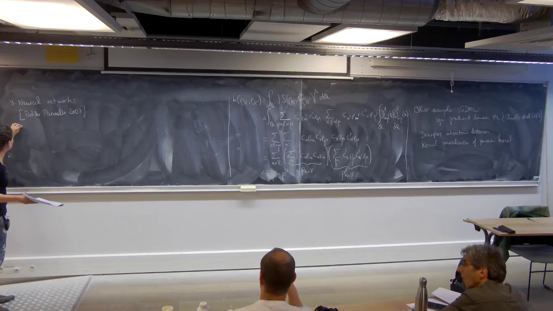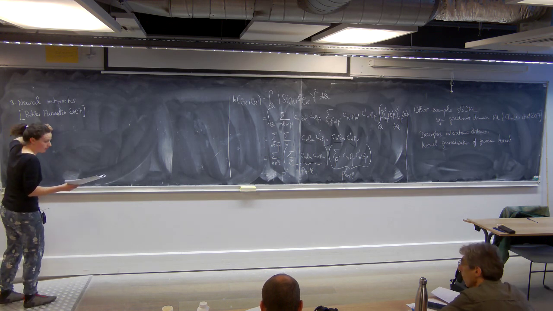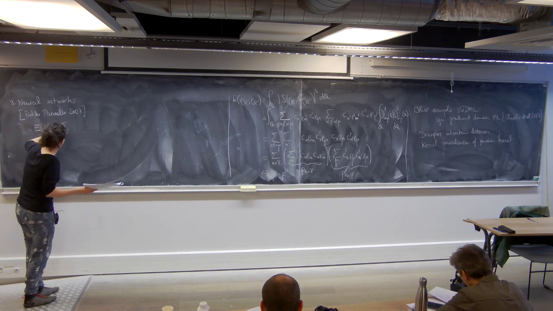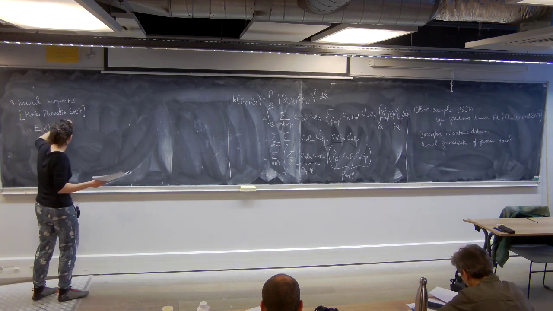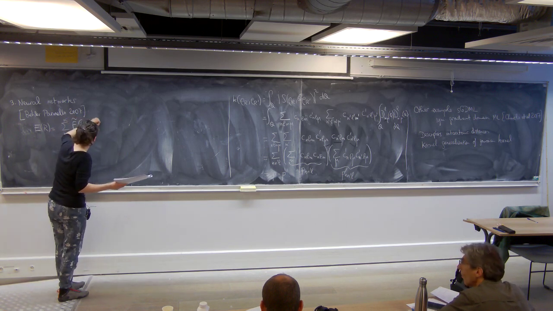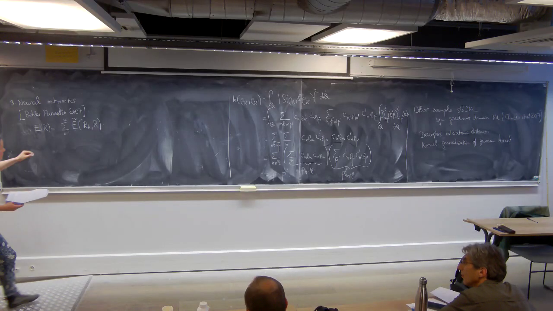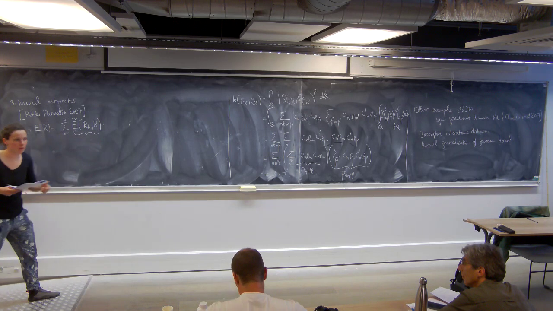So the first step is the same thing as always: they decompose the energy. E of R is the sum for k equals 1 to capital K of E tilde of R_k. So same as usual. Then the question is how they approximate this function.